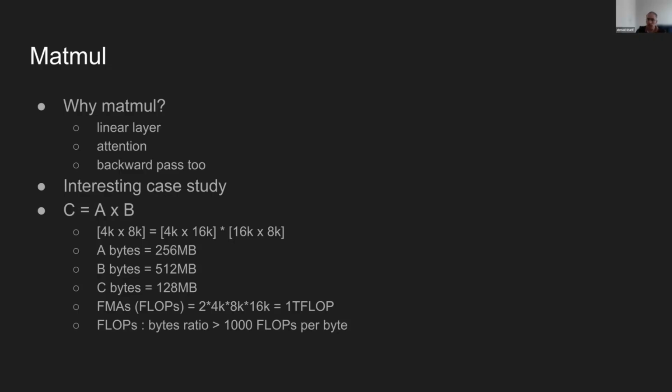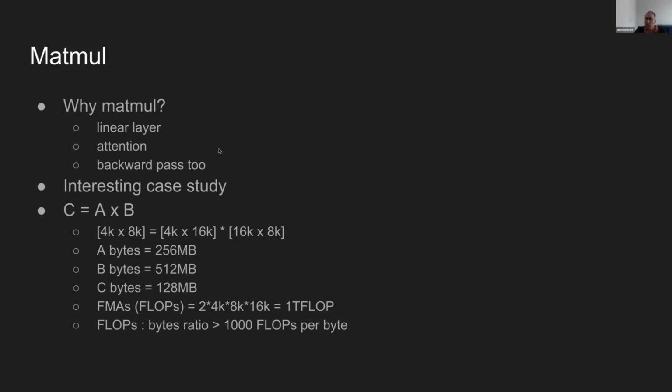Even the attention kernels have matrix multiplication as part of them. And in the backward pass, the linear layers are translated into two matrix multiplications, one to update the gradients and one to update the weights.